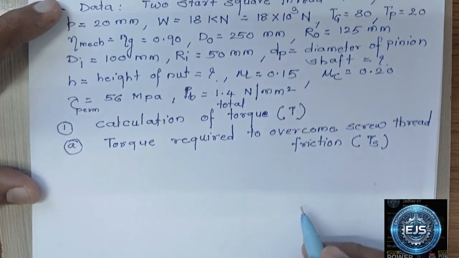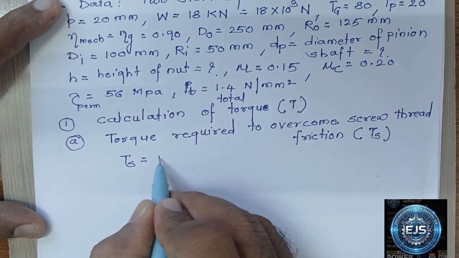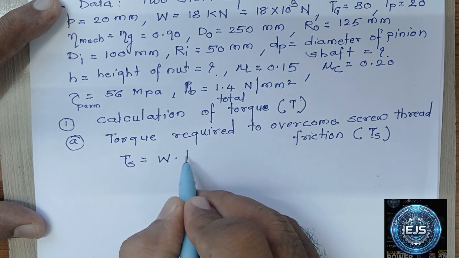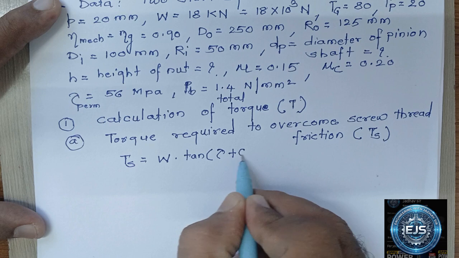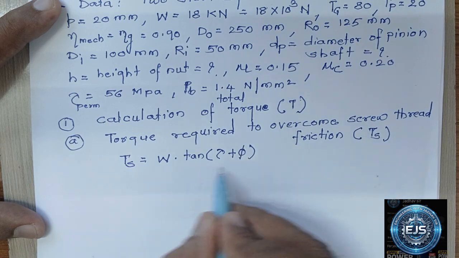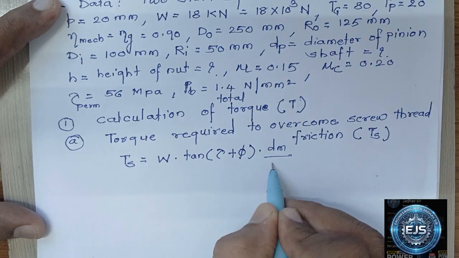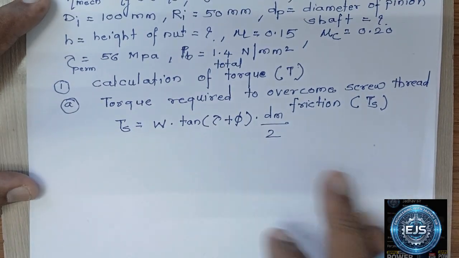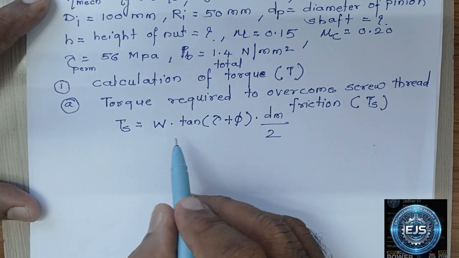The formula for TS is load W into tan of lambda plus phi into mean radius, that is the mean diameter divided by 2. So effort into mean radius is nothing but the torque required to overcome the screw thread friction. W is given.